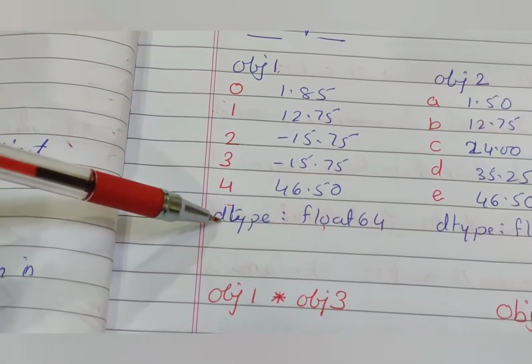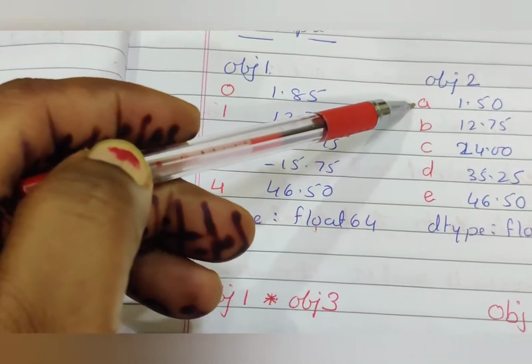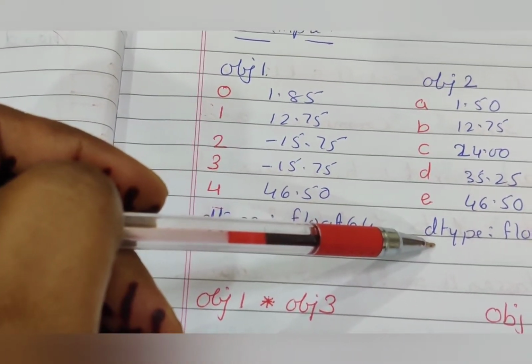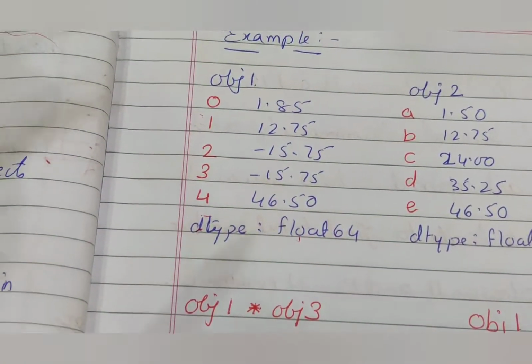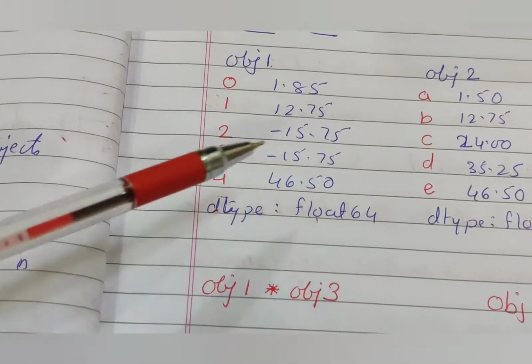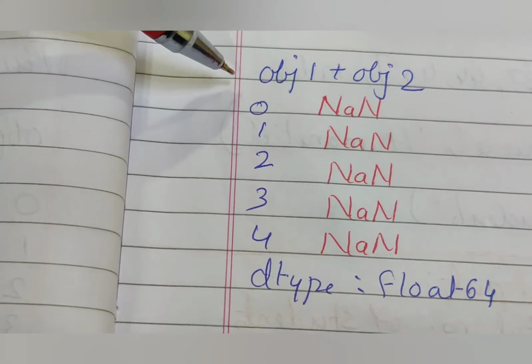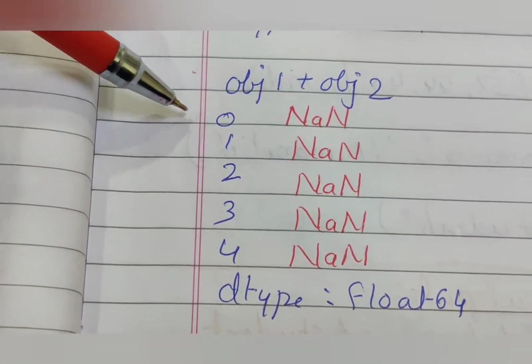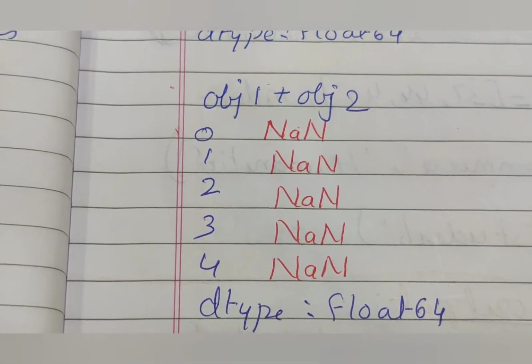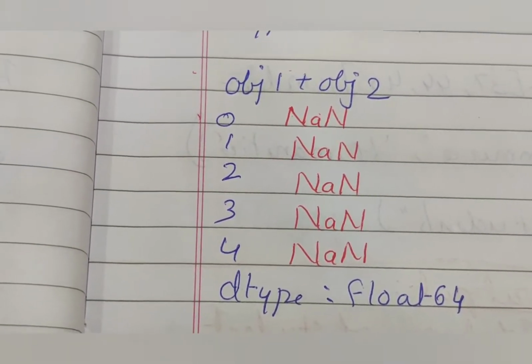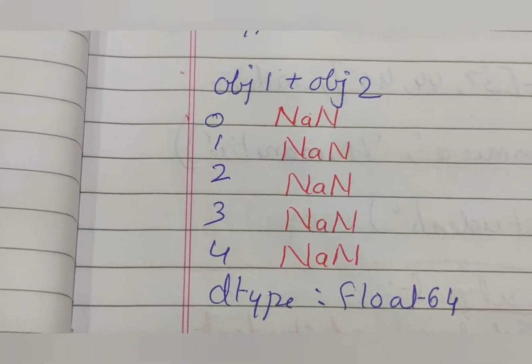This is of integer type and this is of character type a b c d e. Okay, what will it display? It will display NaN. Object 1 plus object 2 will be NaN. NaN means, the full form of NaN is not a number.